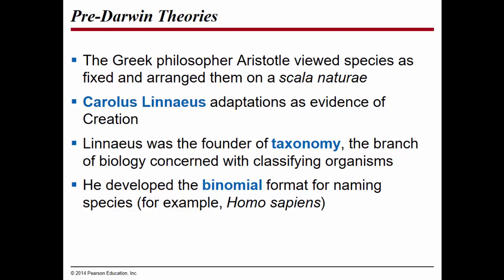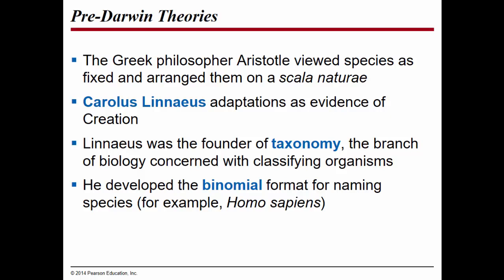Although the theories that Linnaeus has put forth about creation have changed a great deal, we still use some of his principles in modern-day science. He's considered the founder of the science of taxonomy. That's still a branch of science that we use today, and it's concerned with classifying organisms.